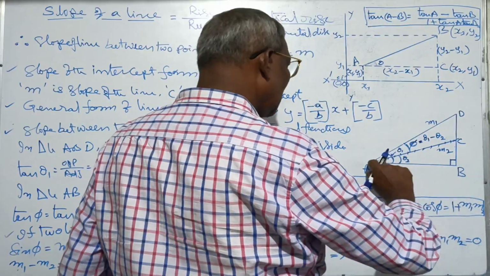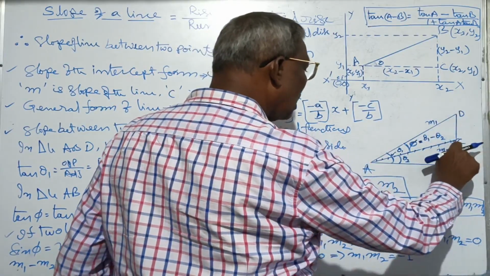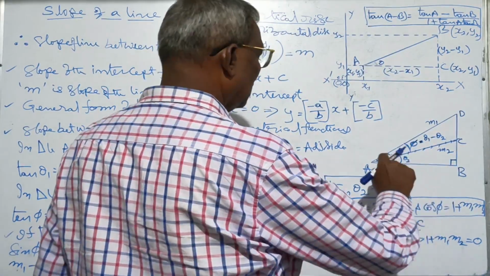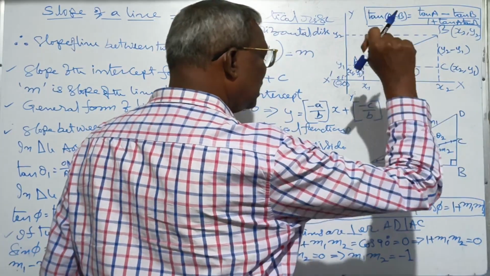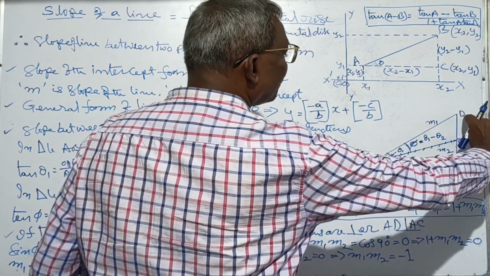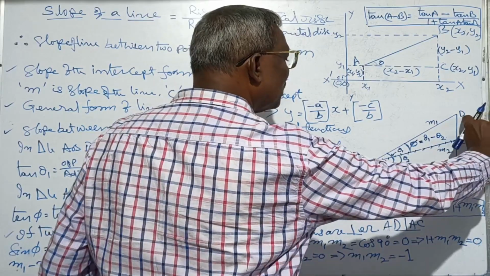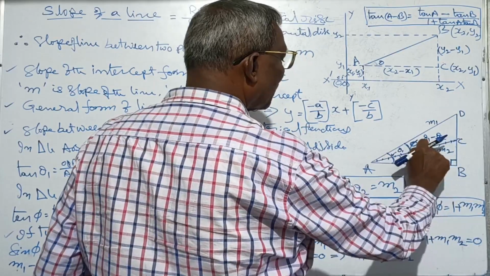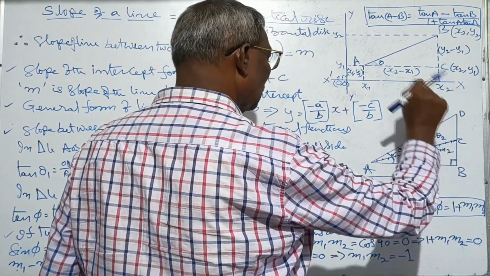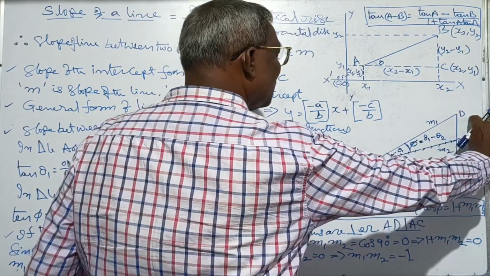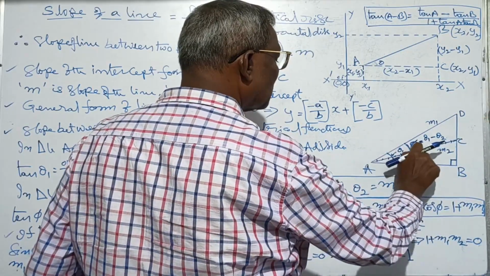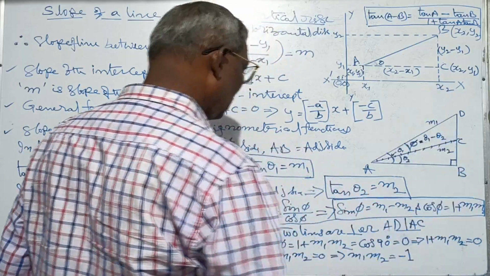So that means AD falls on AC. So that means this difference will become 0. When the rays become 0, the difference of angle will become 0.